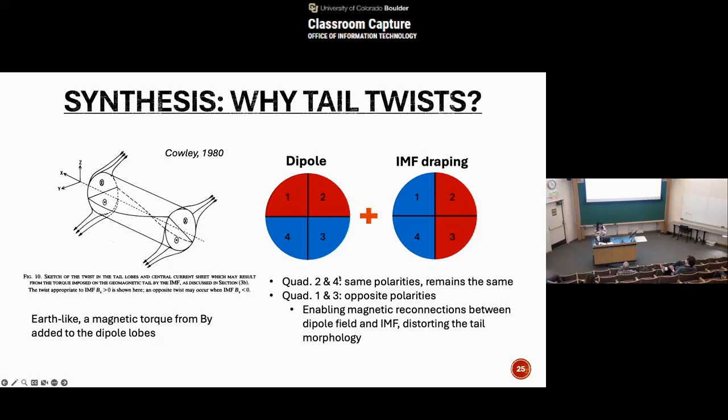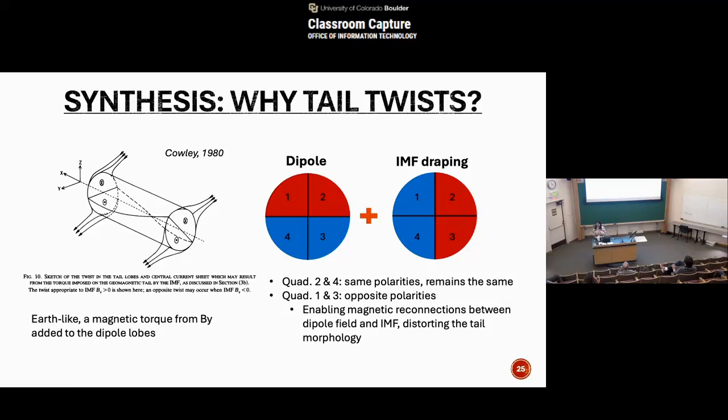And Mars is, I guess, similar, but I would like to explain it as a consequence of magnetic reconnection. So to the left, we have a dipole lobe, and to the right, we have an induced lobe from IMF draping. The quadrants with opposite color are where we have opposite IMF direction.